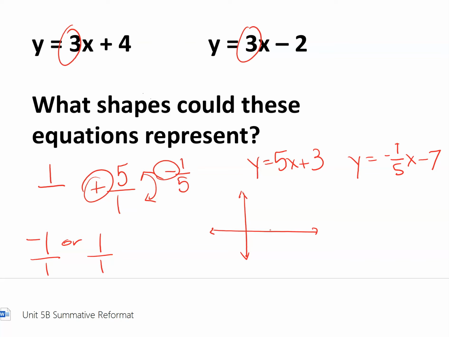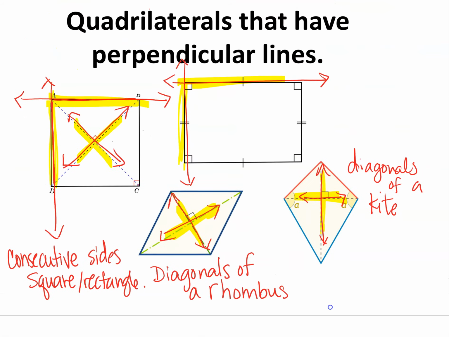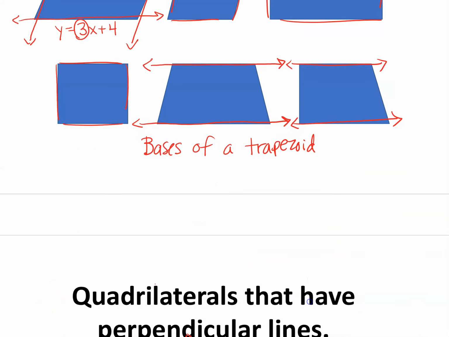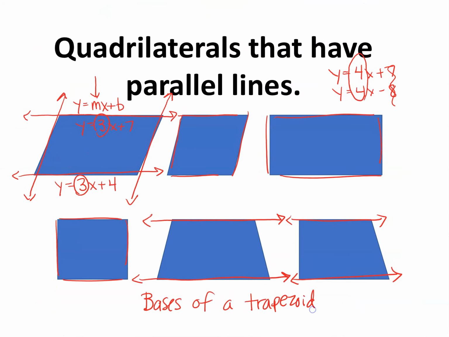Okay. So that's what you're looking for in the first part of the test: identifying what these two lines on a graph could be. They could be what part of these shapes? So one more time, this is what you're looking for, perpendicular. This is what you're looking for, parallel.